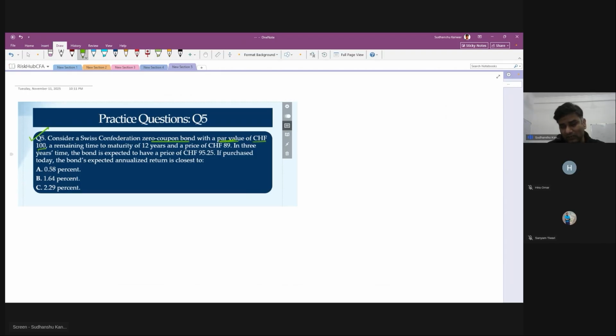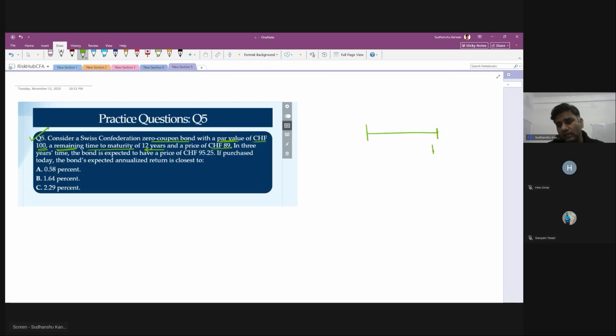Par value is the value which you get at the last. A remaining time to maturity, remaining, it's not the full time to maturity, remaining time to maturity of 12 years and a price of CHF 89, your Swiss franc.